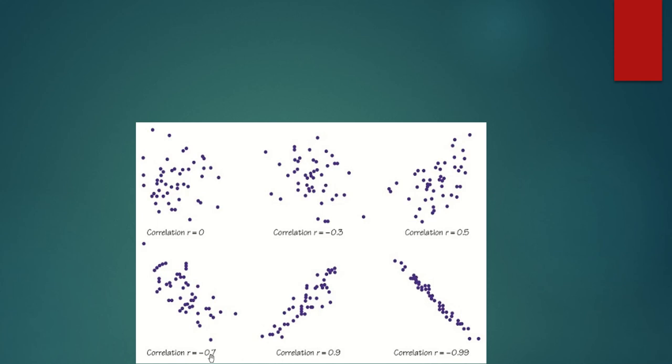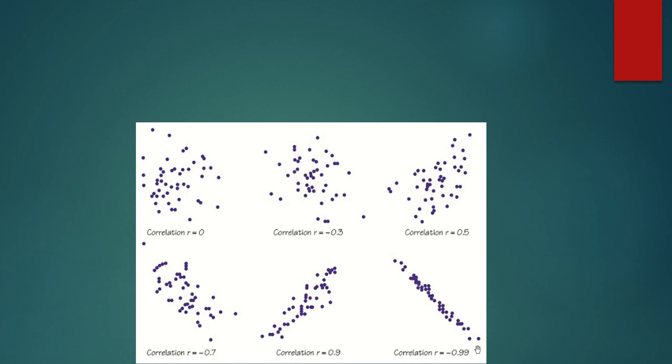For example, this is minus 0.7. The closer they are, the stronger it is, though this is negative. These measurements are more close to each other, so this correlation is bigger than that one.